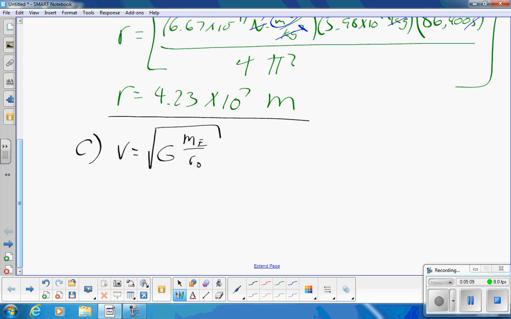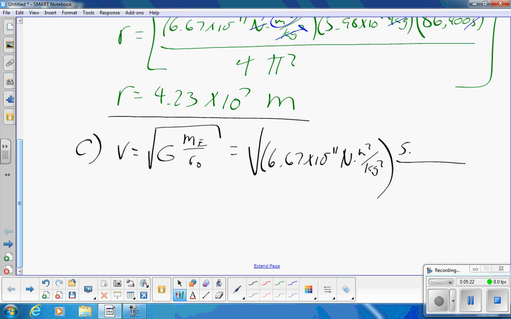So this is going to be the square root of 6.67 times 10 to the minus 11 newton meters squared per kilogram squared, times the mass of Earth, 5.98 times 10 to the 24 kilograms, divided by the radius of the orbit, which is the Earth radius, because they give us a distance above the Earth's surface, 6.37 times 10 to the 6 meters, plus 400,000 meters, 4 times 10 to the 5 meters.